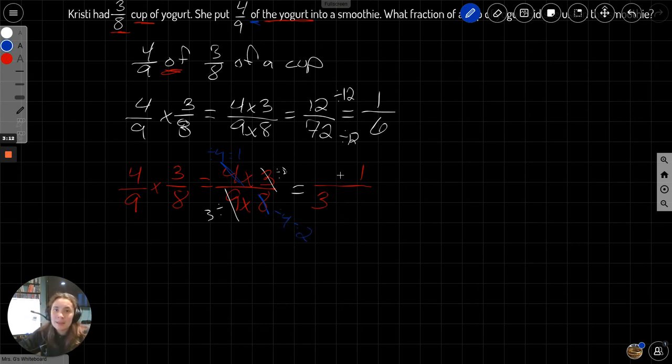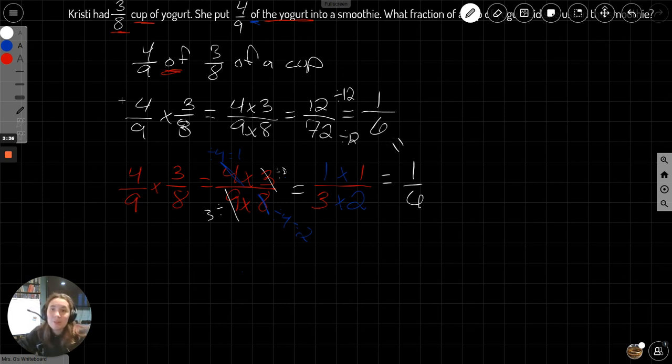So that makes me have 3 times 2 here, and 1 up here. 4 divided by 4 is 1. So I've gone from 4 times 3 over 9 times 8 to 1 times 1 over 3 times 2, which, when I multiply that up, 1 times 1 is 1, and 3 times 2 is 6.